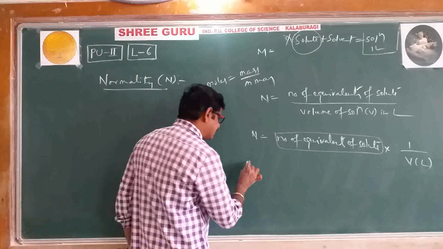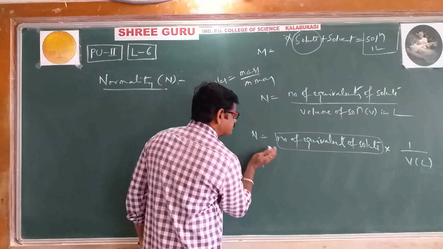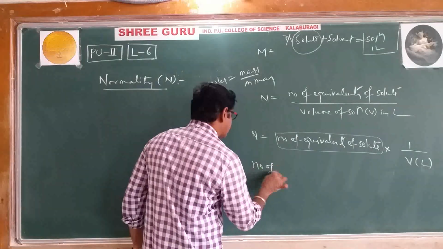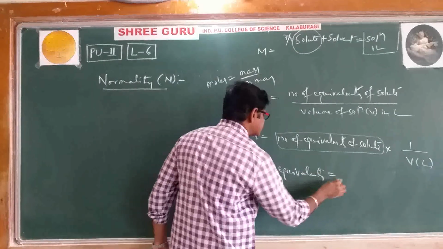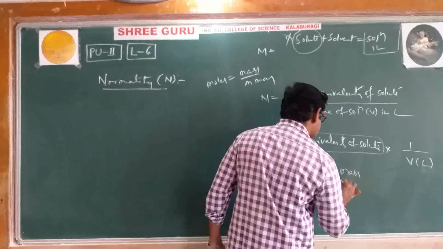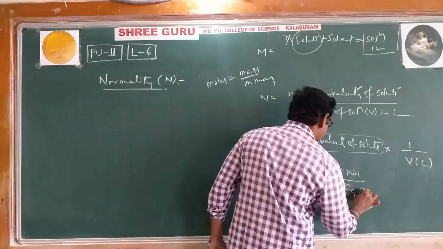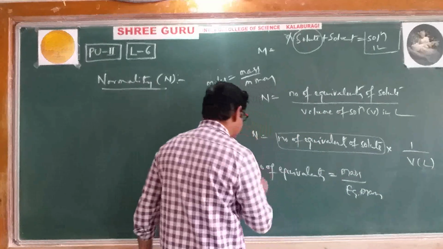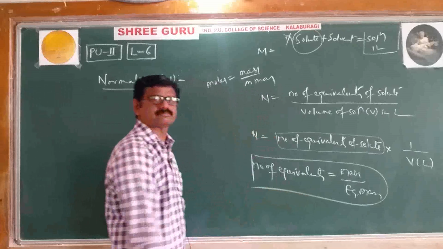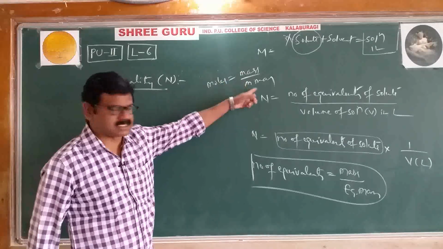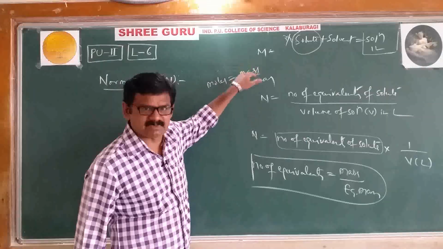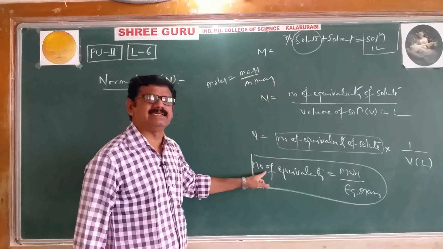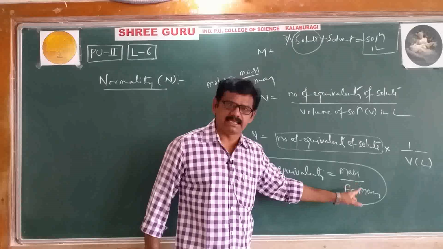The number of equivalents is equal to mass by equivalent mass. Moles is nothing but mass by molar mass. Equivalents is nothing but mass by equivalent mass.